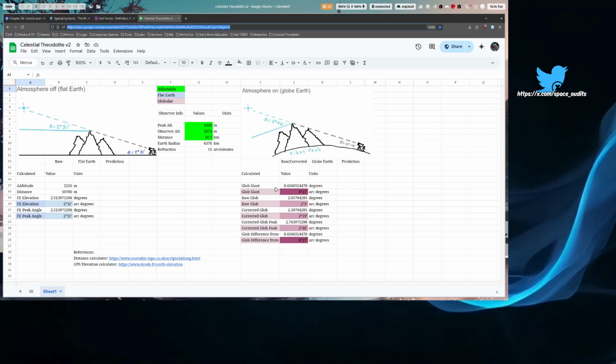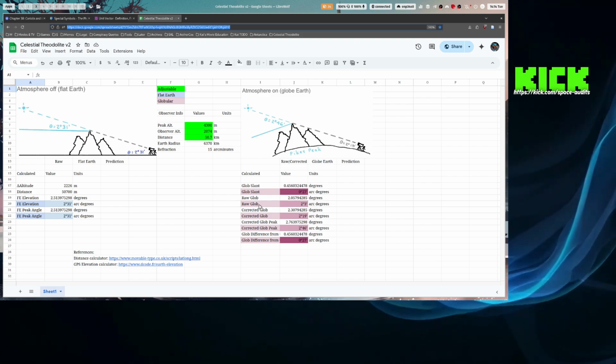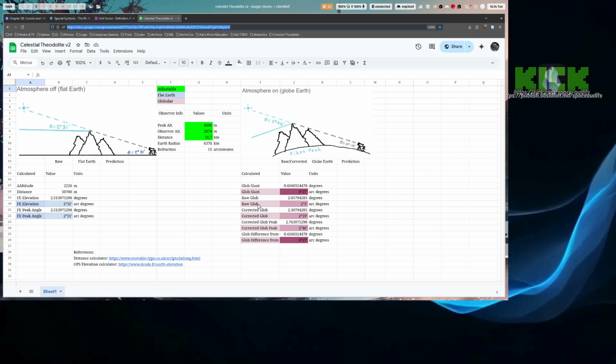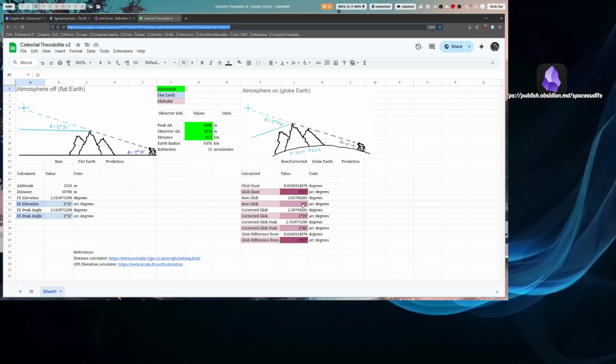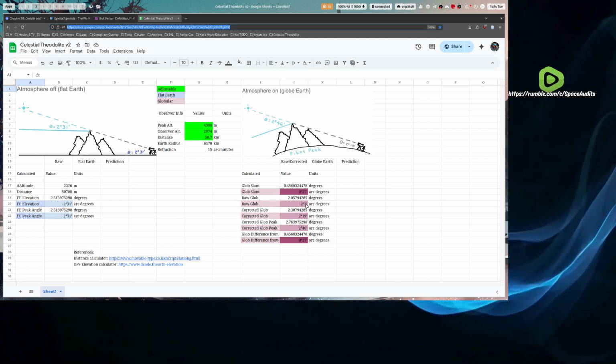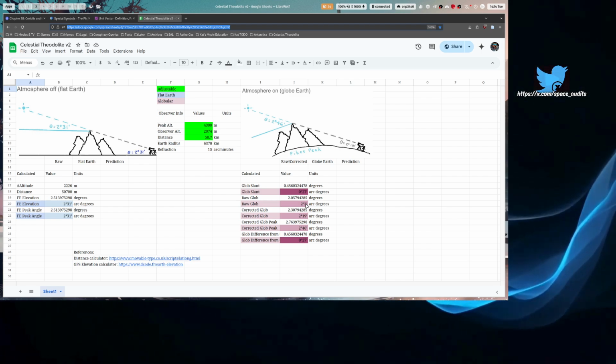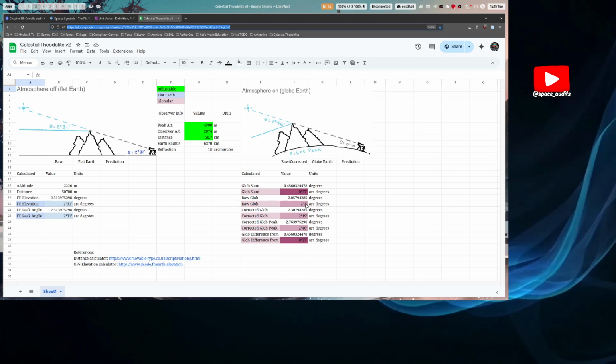Okay, let's see. So the raw globe, the raw globe with no refraction predicts 2 degrees and 3 arc minutes. And then wait a second. Globe with no refraction would predict 3 arc minute, right? Yep.